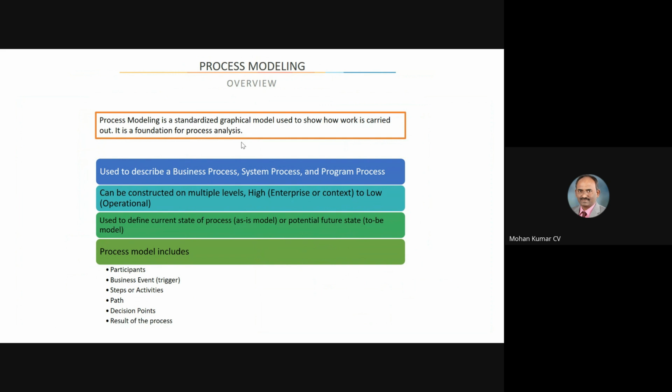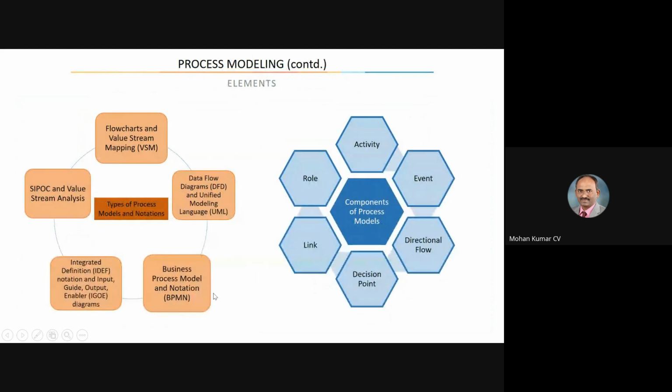It can be constructed on multiple levels, high level at the enterprise level or at the operational level. A process model can be used to define the current state of a process, the as-is model, or a potential future state. A process model includes participants, business events, steps or activities, paths, decision points, and the result of the process.